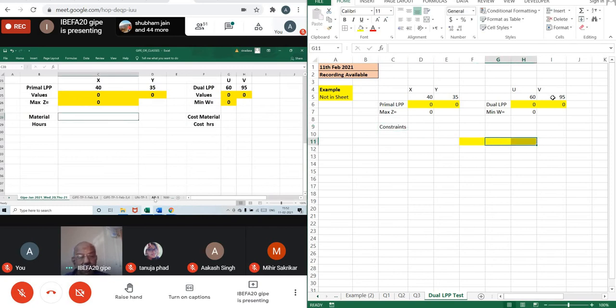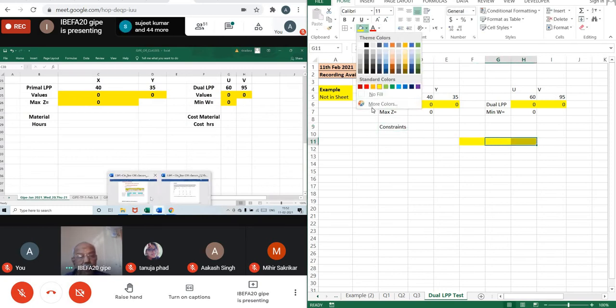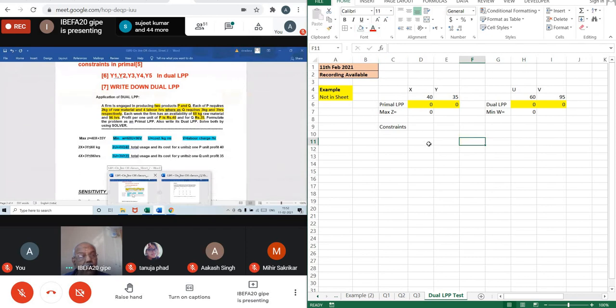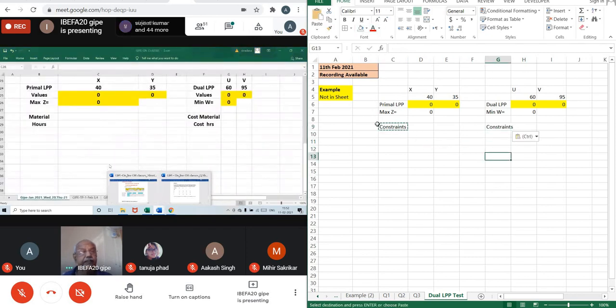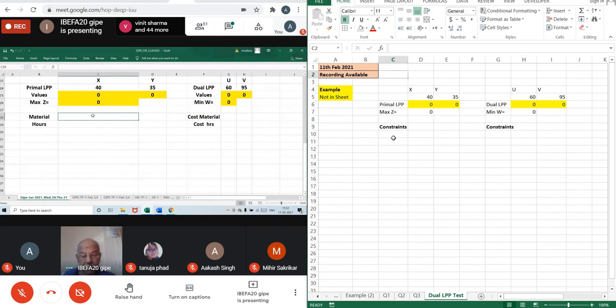First, 2x plus 3y, equal to 2 multiplied by x plus 3 multiplied by y, is not more than 60 kilogram.